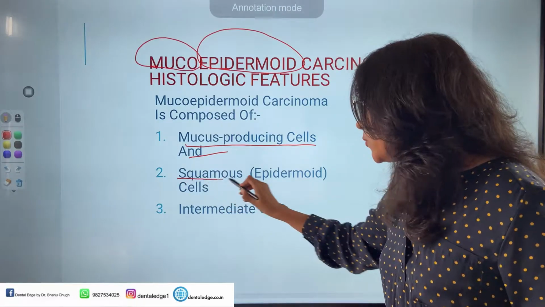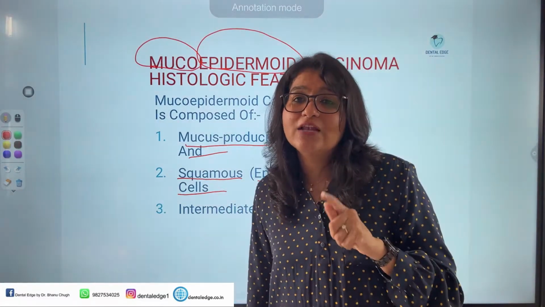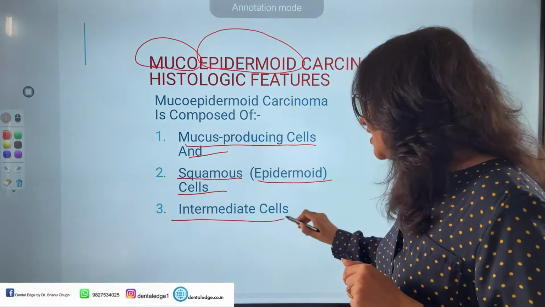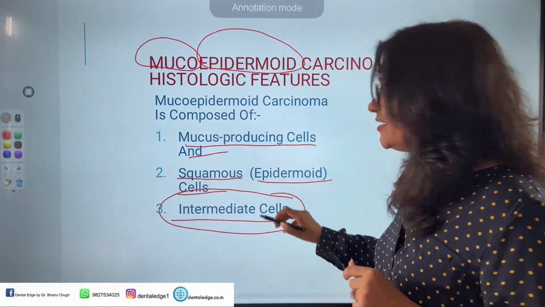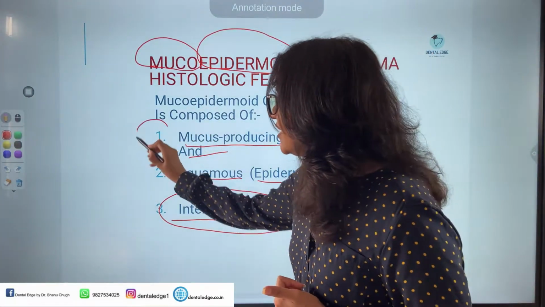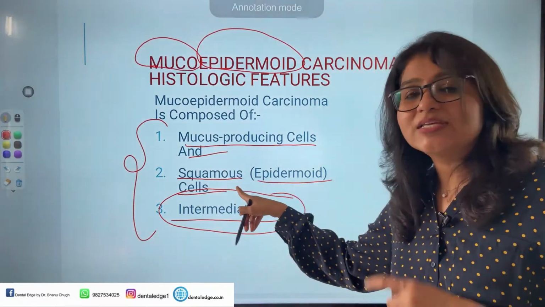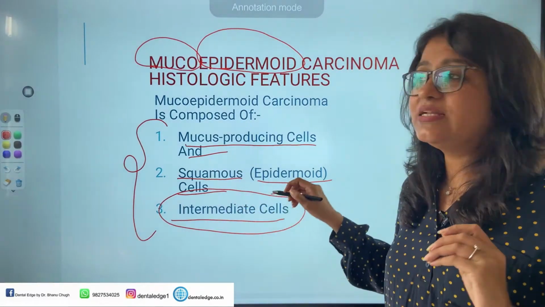So there are squamous or epidermoid cells. Now there is one more population of cells called intermediate cells, and it is a very important cell. It is important for the diagnosis of a mucoepidermoid carcinoma. So three cells are seen: mucus producing cells, epidermoid or squamous cells and intermediate cells.